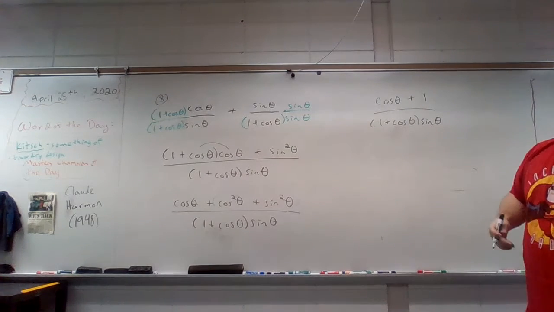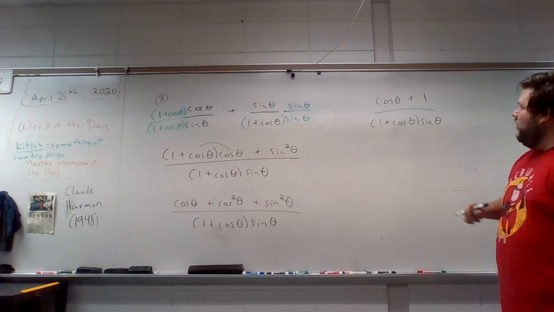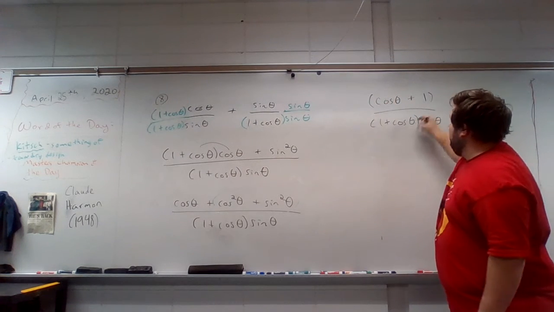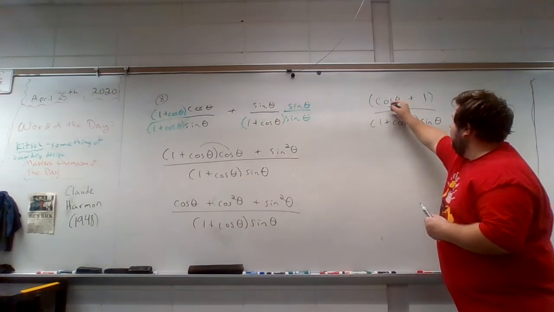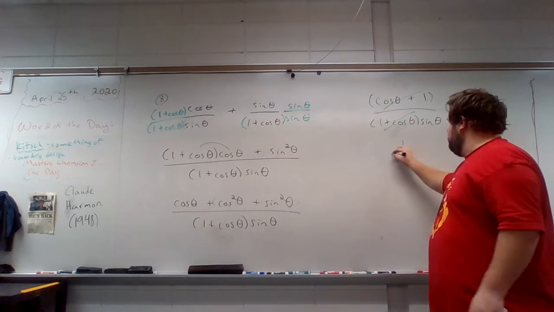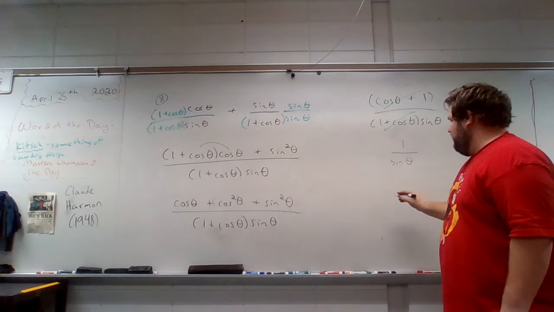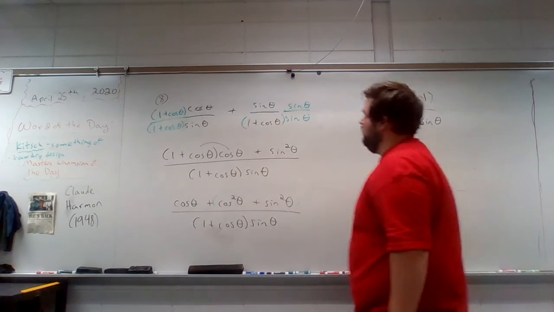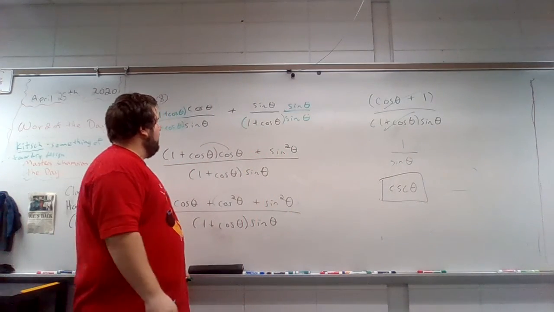And then once you get to that point, which some of you did, which is great, you notice that these two factors are the same. So this factor and this factor can be canceled out because they're identical. So if I do that, I end up with 1 over sine theta, which even better, cosecant theta as an answer, out of what we had there originally, which looked like a big mess.